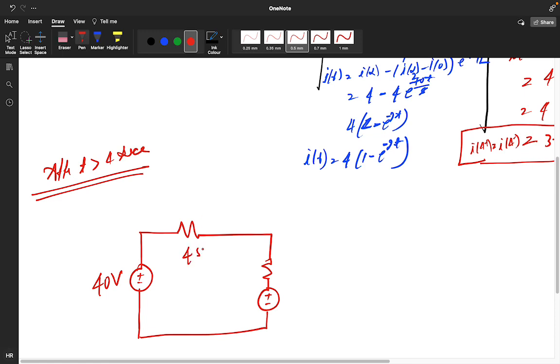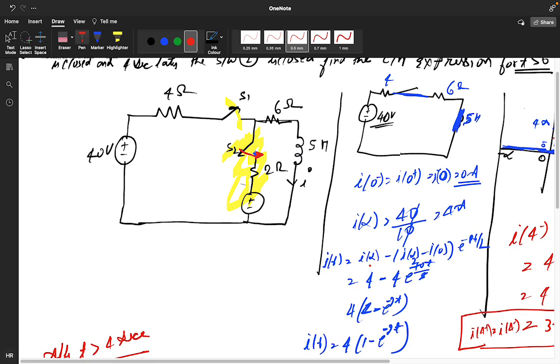This is 4 ohm. This particular is 2 ohm. This particular is your 6 ohm. And this particular is your 5 Henry.